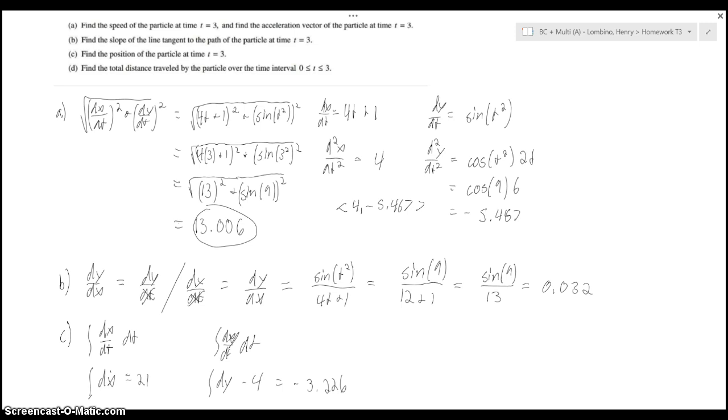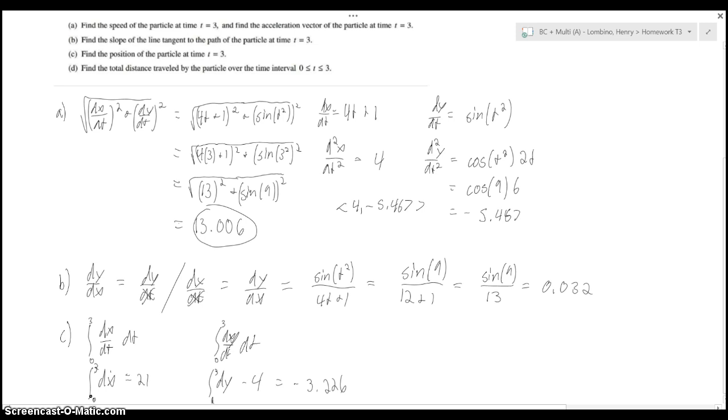I would have added the 0 for x, which would have given me the exact same answer. Also, this is an important thing I forgot to do earlier: you should probably put the integrals from 0 to 3, just to specify. It's a good thing to keep in mind. Alright, so let's go on to D.